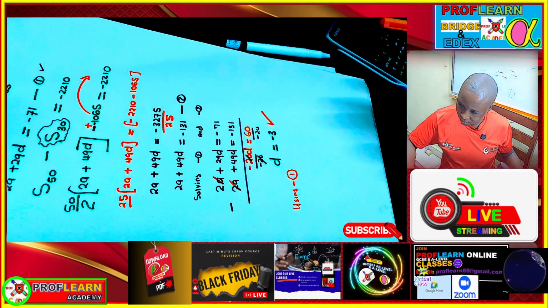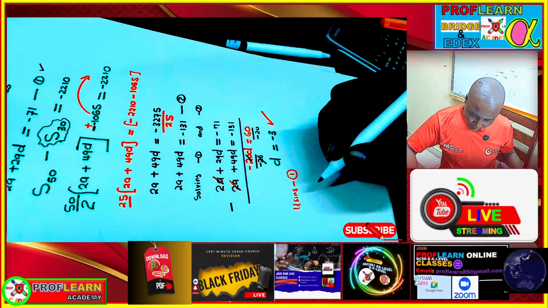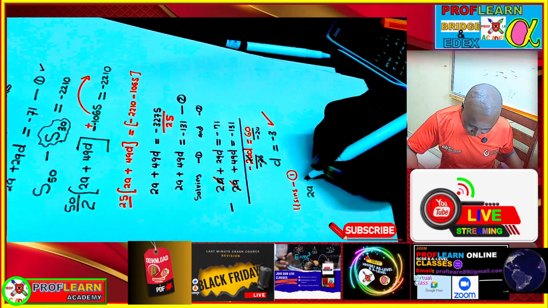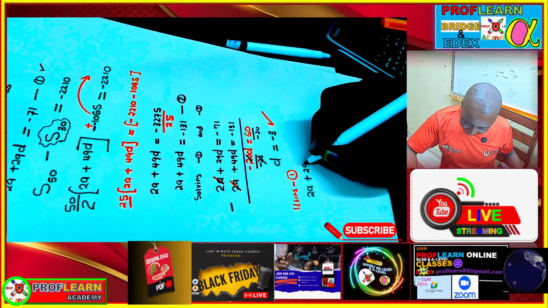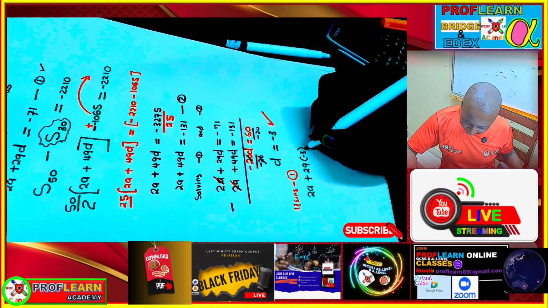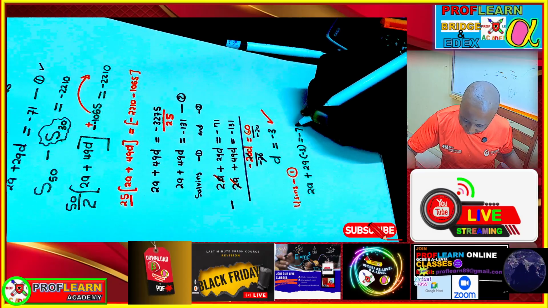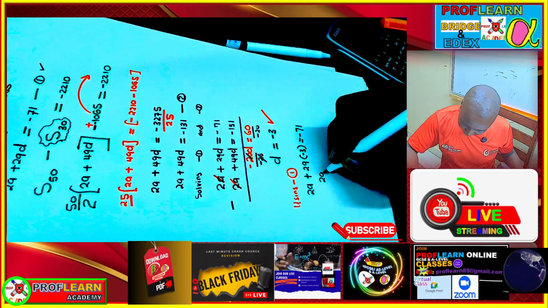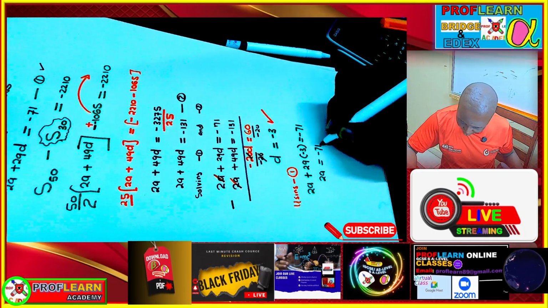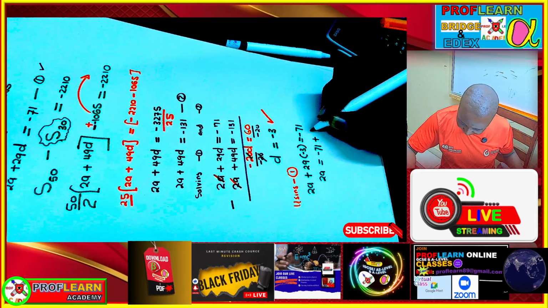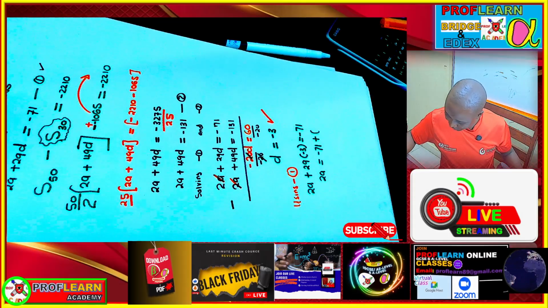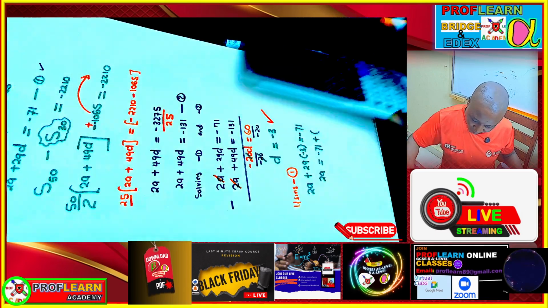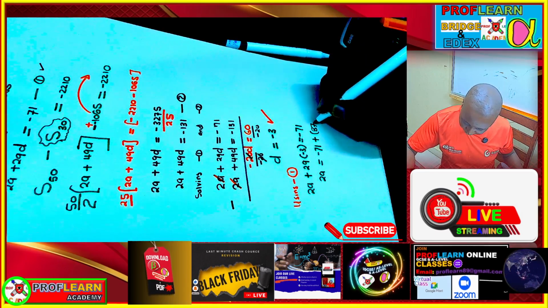That is going to be 2a plus 29d, but our d is negative 3, is equal to negative 71. So that's going to be 2a is equal to negative 71 plus, what is 29 times 3? That is going to be 87.